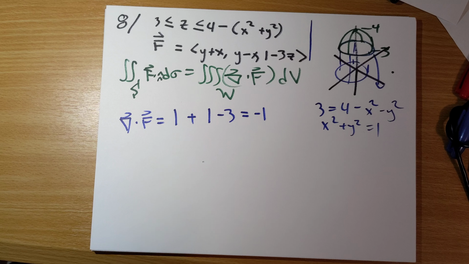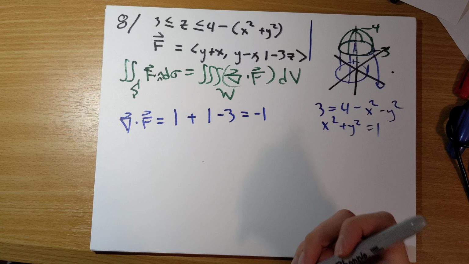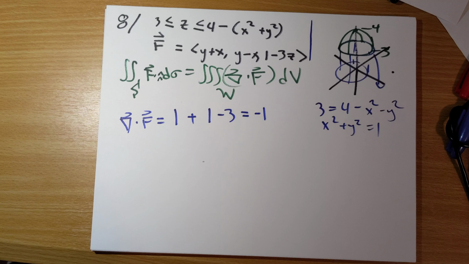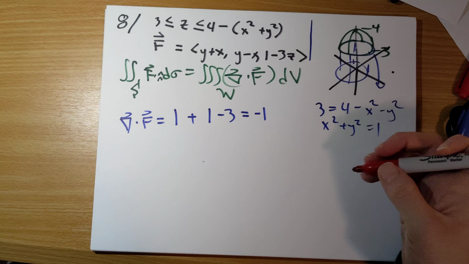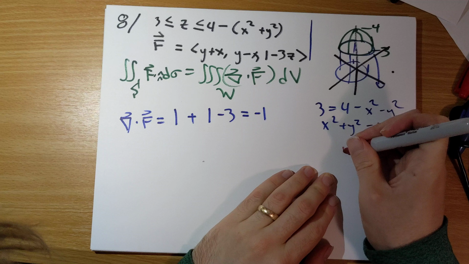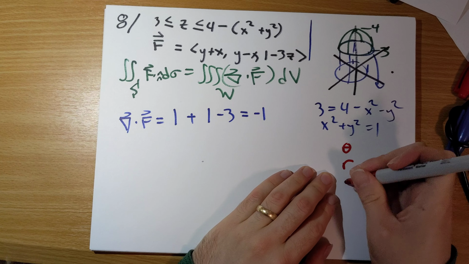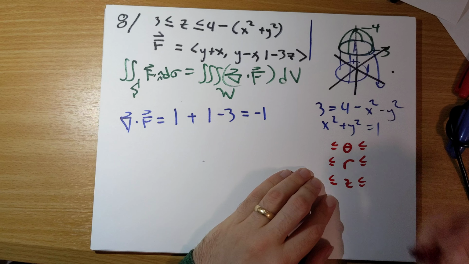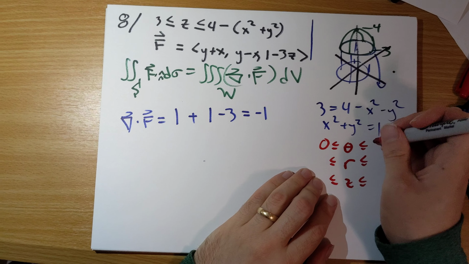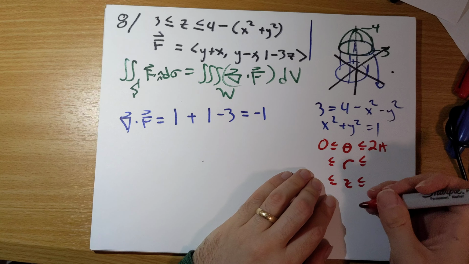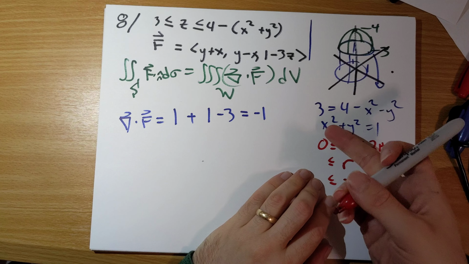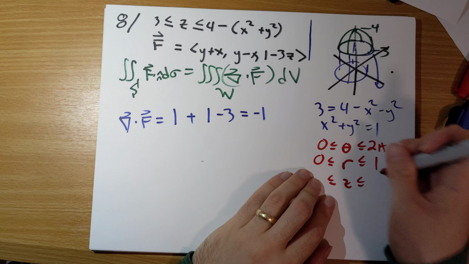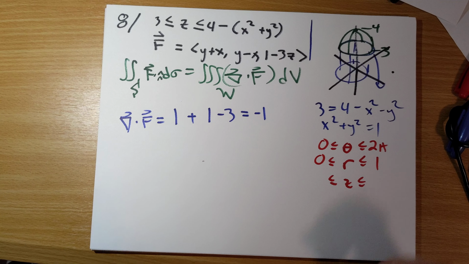So we're integrating negative 1, a nice constant, over this region. We want to express this region in cylindrical coordinates, so we'll need bounds on theta, r, and z. Theta runs from 0 to 2 pi, one loop around the circle. r squared is x squared plus y squared, so r can be anything from 0 to 1.